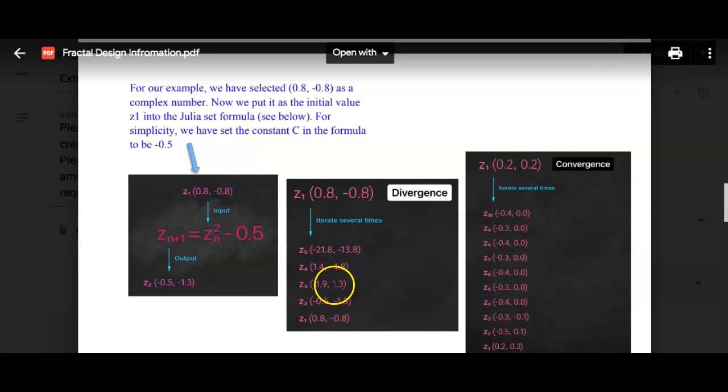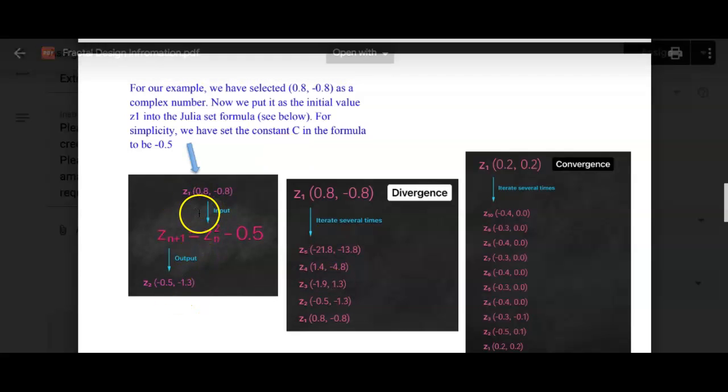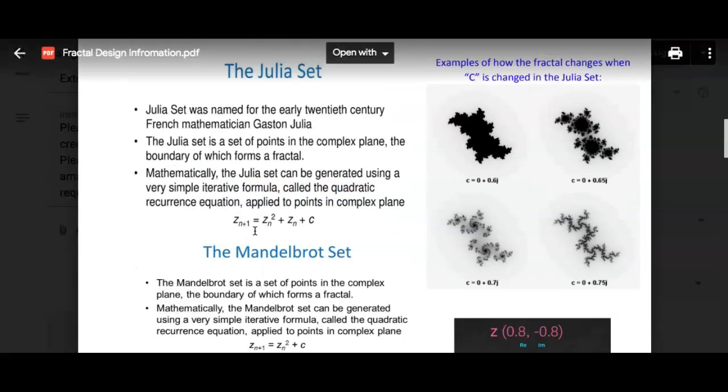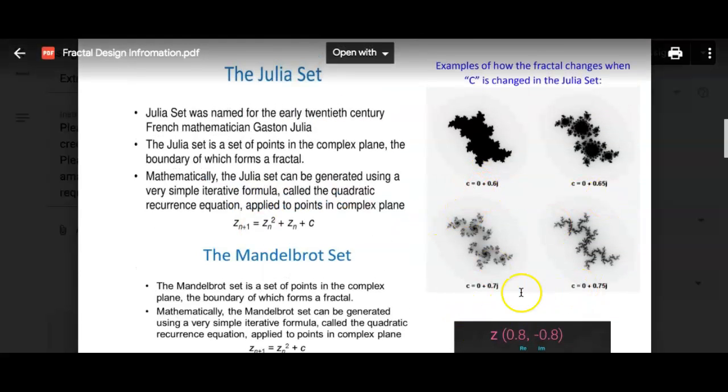So here we're plugging 0.8 and negative 0.8 into the formula, and we're using negative 0.5 as our constant in the formula, and that is just randomly chosen because you saw up here where C was different numbers, right?